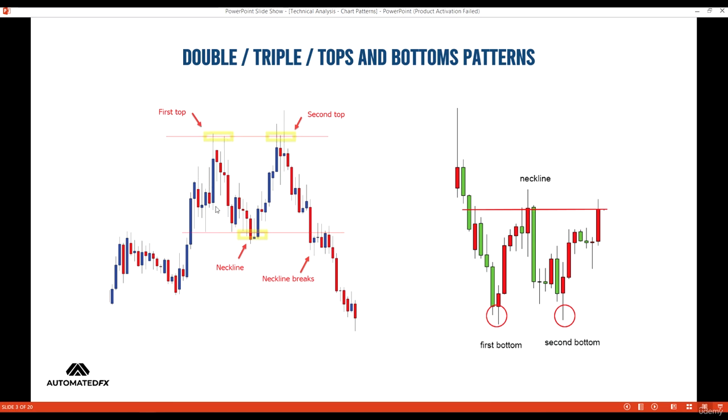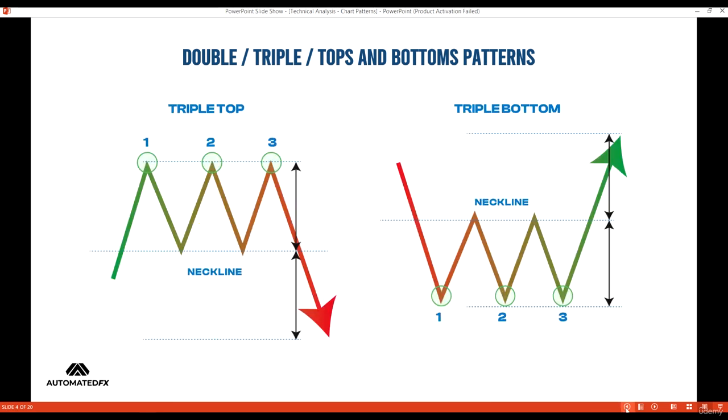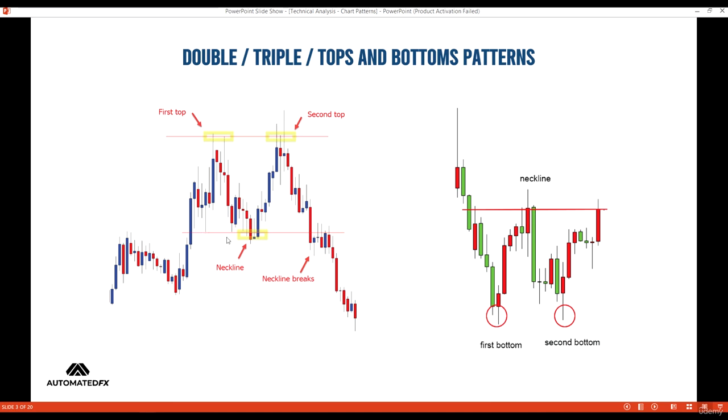The market is going up, hits this level, comes down, forms the neck region or the neckline, and as you can see, this neckline is a support level because it has been tested here, here and here, and it has come here again to form the neckline. Then it starts to go up again and makes a second top.